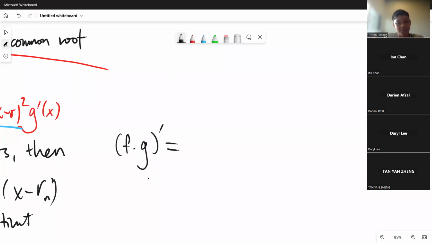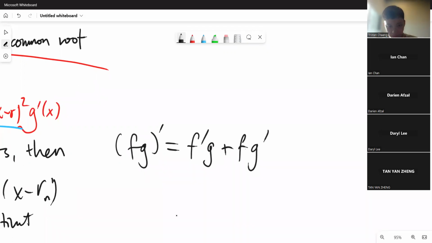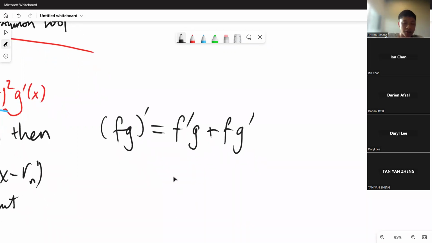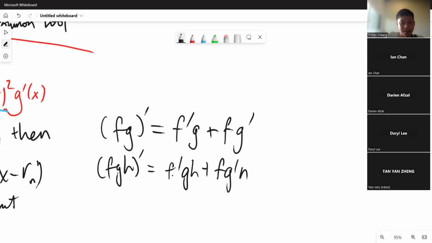The derivative is f prime g plus f g prime. For three variables, it's very simple: you apply the prime to every single term. f prime g h plus f g prime h plus f g h prime.